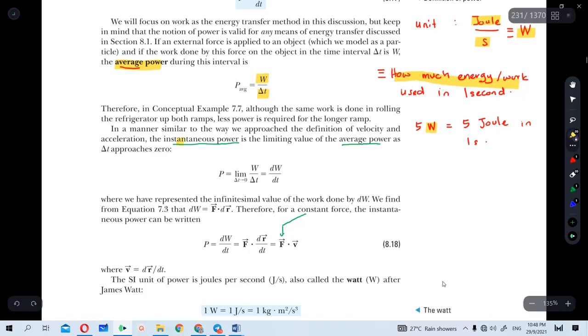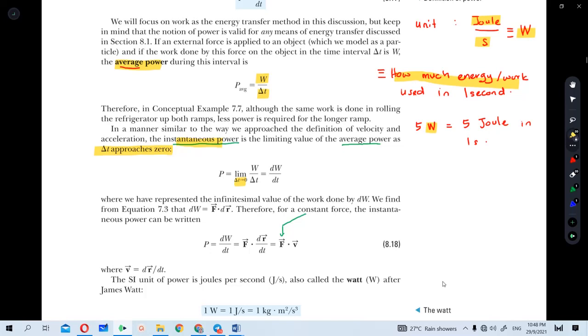Now, in the case of instantaneous power, where time is very specific, when we take delta time, we find that 5 minus 5, exactly at 5 seconds, approaching 0, the expression turns into differentiation, dW over dt.